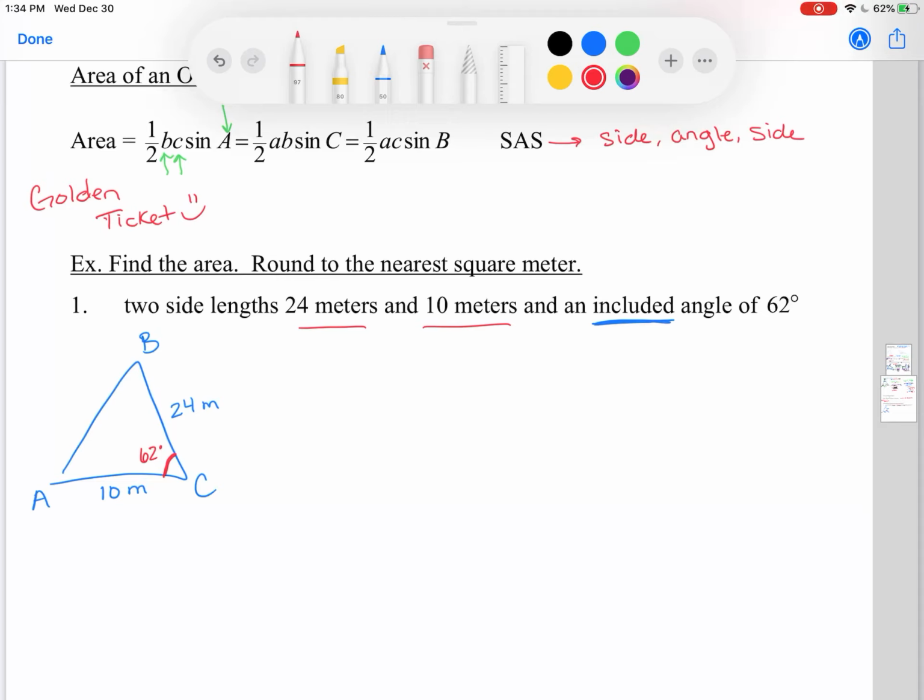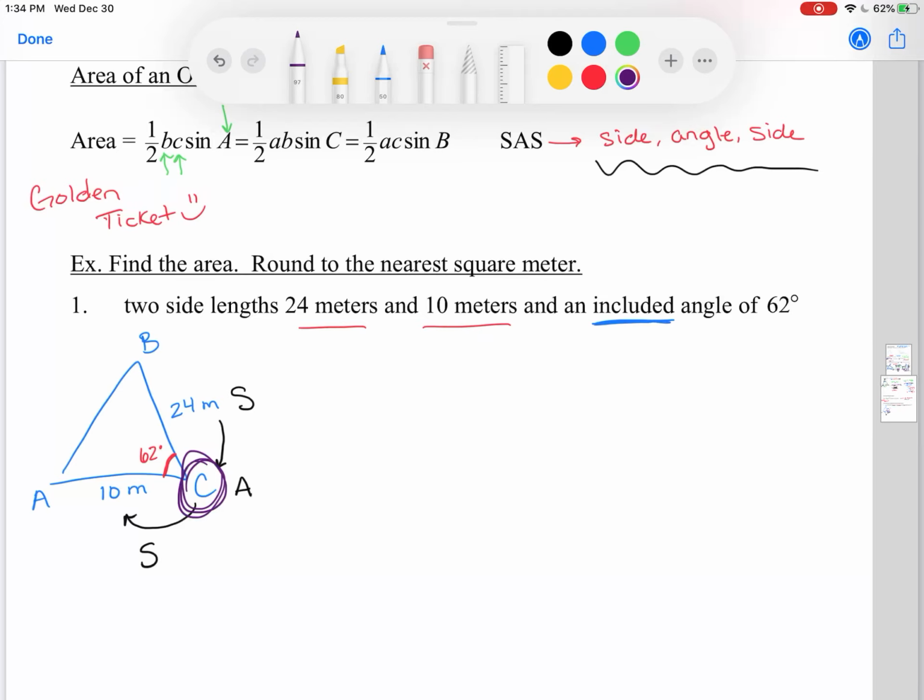To get started, take a look at this triangle. They gave me a side. If I keep going clockwise, they gave me an angle, and then another side. Together, I have SAS, exactly what this formula told me I needed. So now I can use my formula. What angle did they give us?